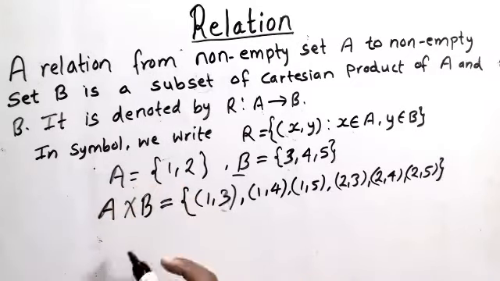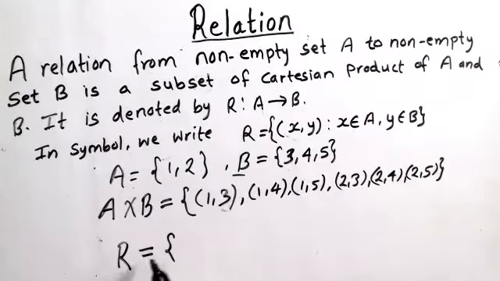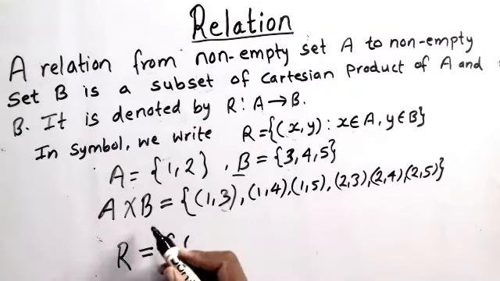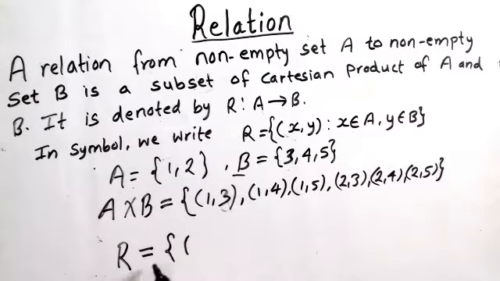So from here we denote the relation by R. Since a relation is also a set, we write curly brackets, and since R is a subset of the Cartesian product, this relation R should also contain ordered pairs.